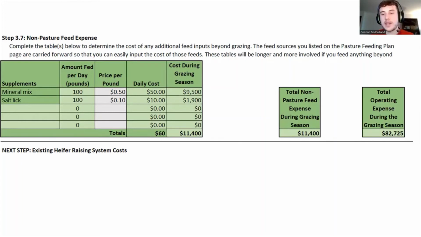But in this case, we only had those minerals and salt lick from before, so you just input your price per pound. And if you had supplemental feed, you would input your price or your cost to grow, depending if you bought it or grew it. And then we add up this non-pasture feed expense with all of your normal recurring operating expense. And we get that number to the right, 82,725 in this example. And just to reiterate, that is cash expense for the heifers during the grazing season.